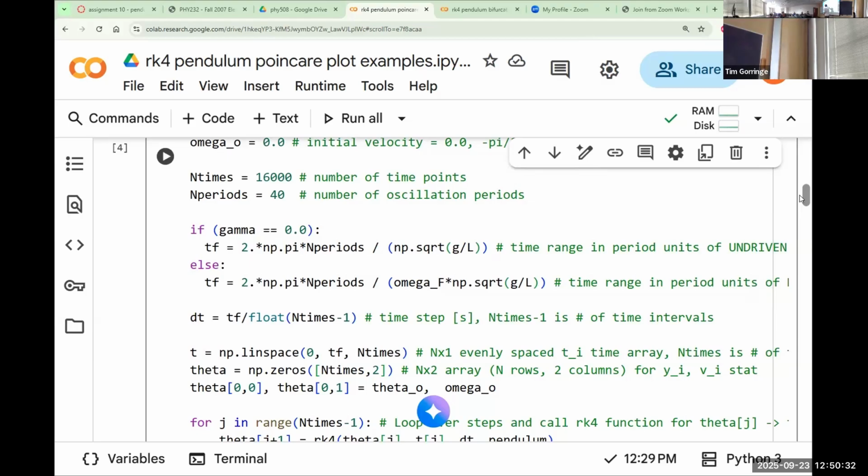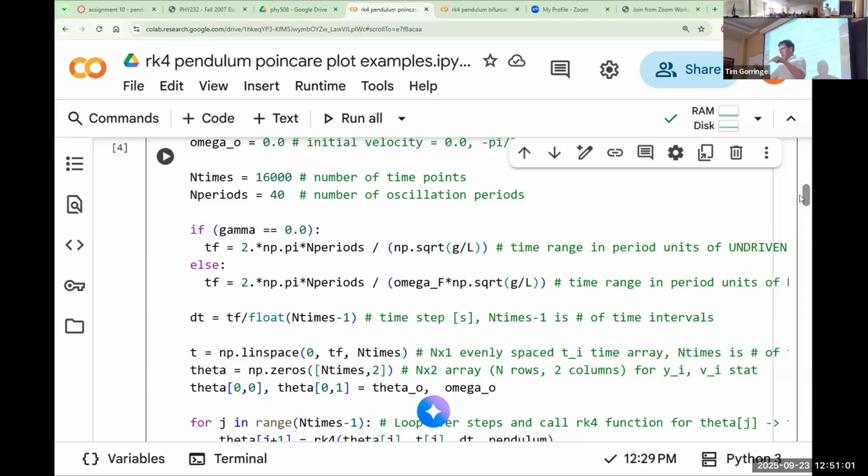Having said all that, the number of periods is going to be the time range of my plots in units of periods. But that might be natural periods or driving periods, depending on whether I have a driving force or not. The number of times is maybe better called the number of ticks.